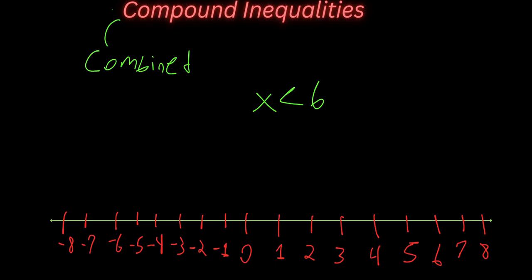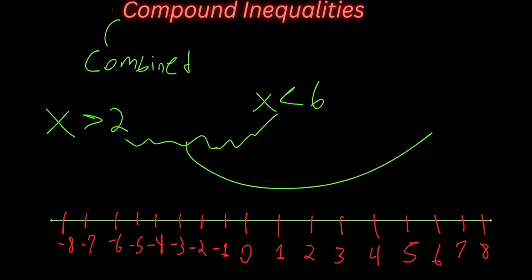Let's erase this one and say we have x is greater than 2, and x is less than 6. So what happens is we combine them to get 2 is less than x and x is less than 6.